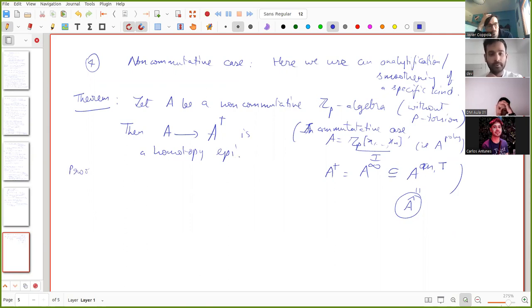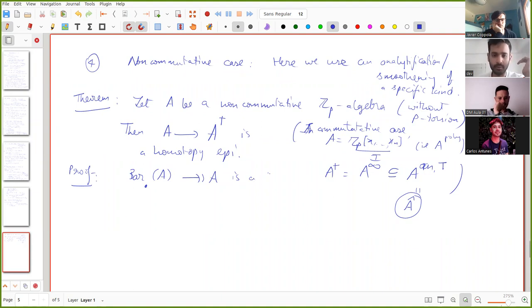And the proof of this goes as follows. Okay, so let's start with some projective resolution of A. The only one we generally know for any non-commutative algebra is the bar resolution. So take the bar resolution of A. This is a free A-bimodule resolution.